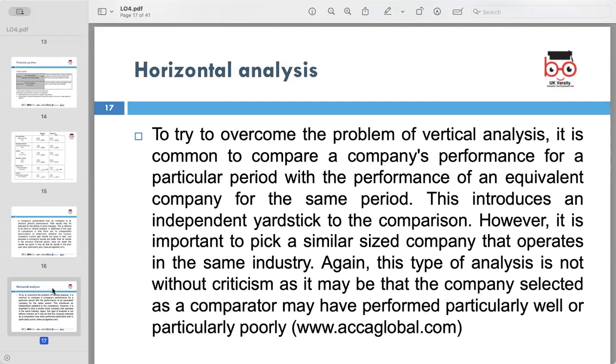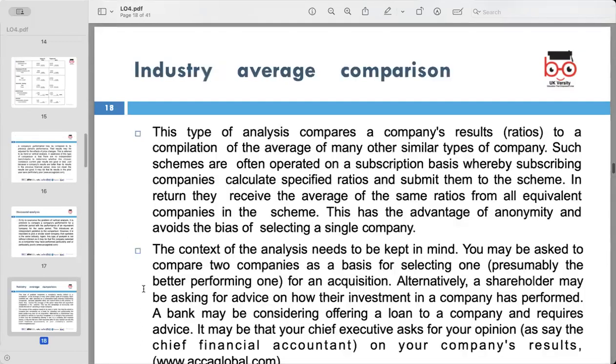Despite its benefit, a horizontal analysis may still be subject to criticism if the chosen competitor exhibits exceptional performance, influencing the overall analysis.